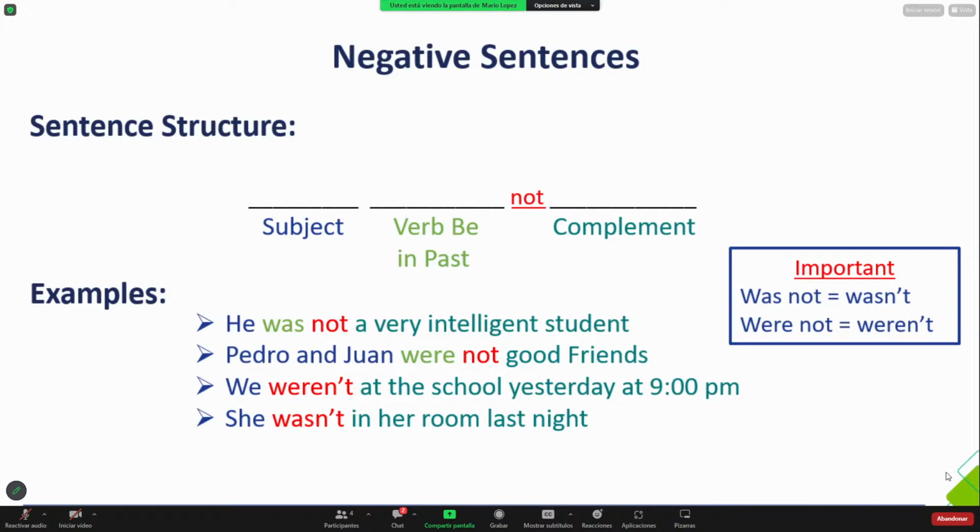So it depends on the situation. We can use was not, or wasn't, or were not or weren't. O sea, depende de la situación porque es más formal usar el was not y el were not que wasn't y weren't.